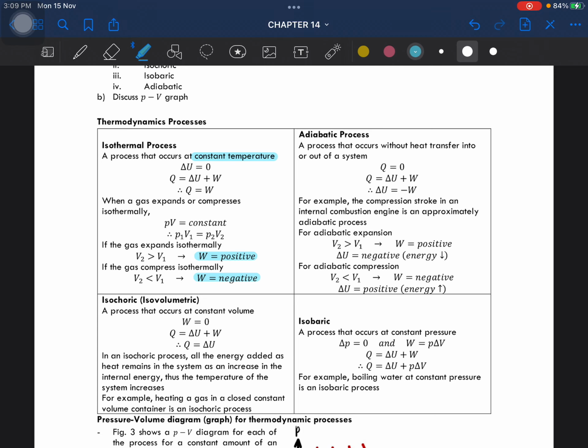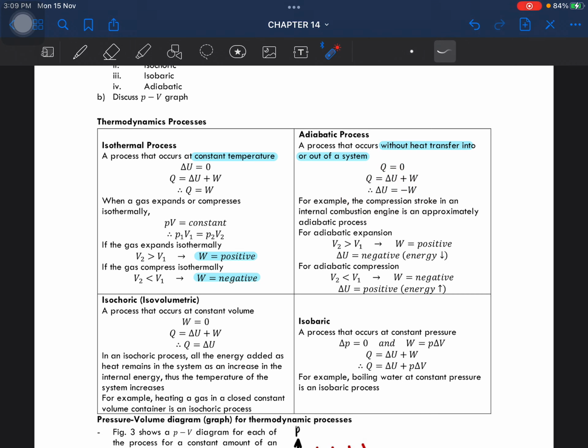The next one is the adiabatic process. This is a process that occurs without any heat transfer into or out of the system, so Q will be equal to 0. Again, based on the first law of thermodynamics, the change in internal energy will be equal to the negative of work done.